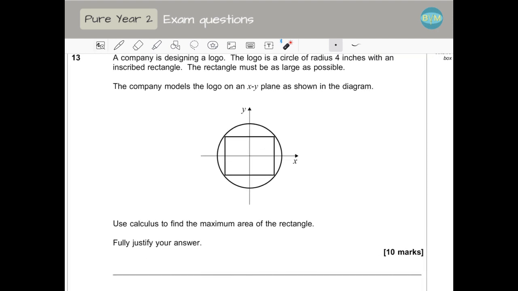So the only thing that we know here is that this distance, which is the radius, is 4. So we can write the area of the rectangle in terms of this dimension, which we can call x, and this dimension we can call y.